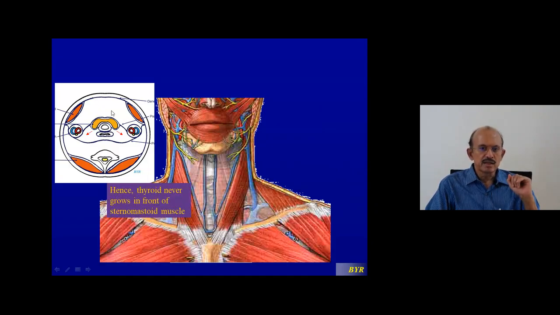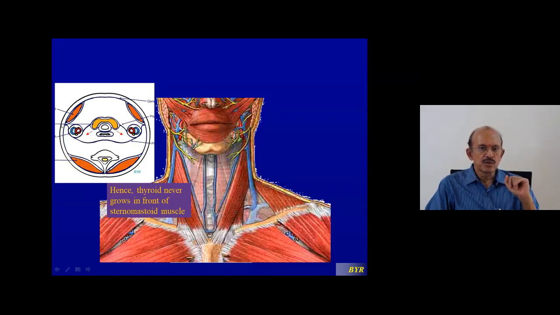So if you look at this, this is the general investing layer of the deep fascia of the neck. It splits to enclose the sternomastoid muscle. Then it passes behind and splits to enclose the trapezius muscle. It is attached to the cervical spine posteriorly.